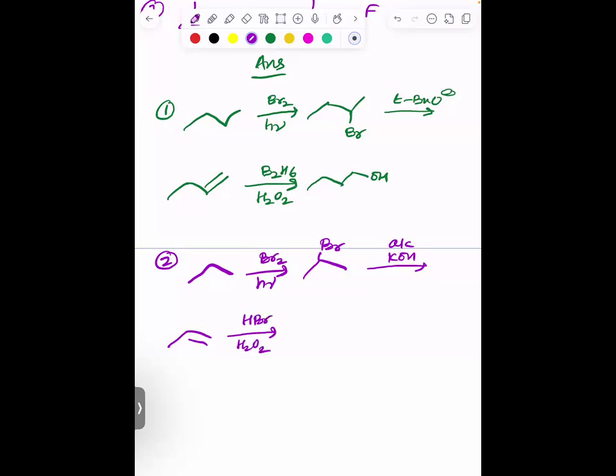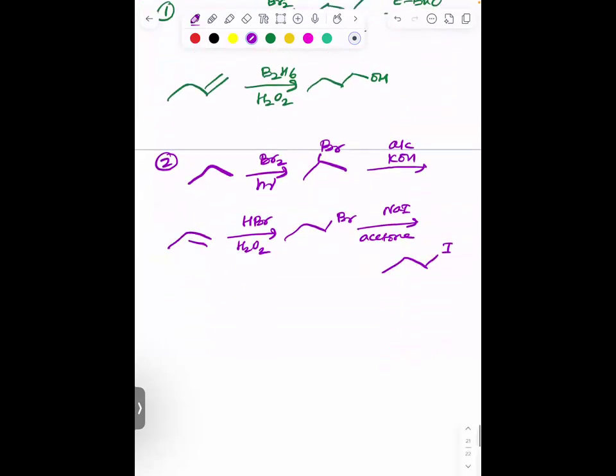A terminal product only we can take. Here we need iodine: sodium iodide, acetone. So it is Finkelstein reaction.